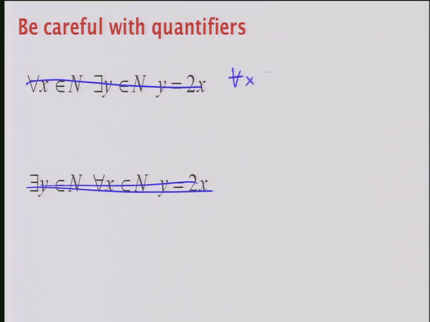For all x, there exists y, p of x,y. And suppose you also knew for all x, there exists y, q of x,y. Okay?